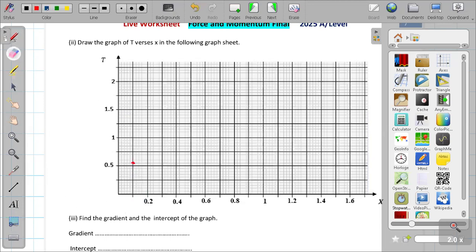This coordinate, 0.3 and 0.95, somewhere just like here. Then the next one is 0.5, and the T coordinate is 1.42, somewhere here.